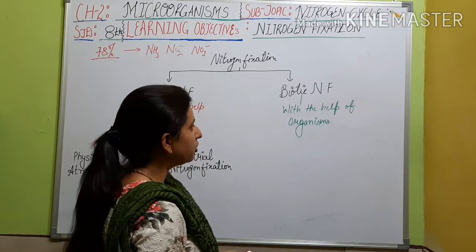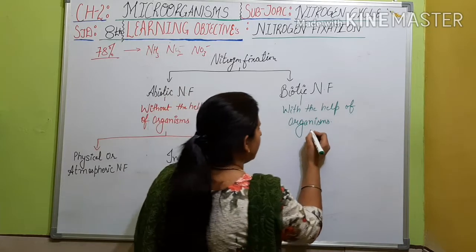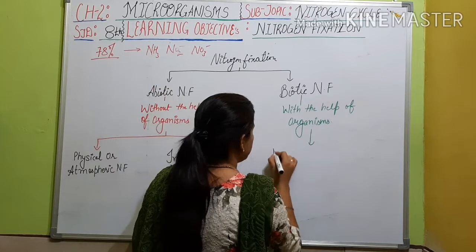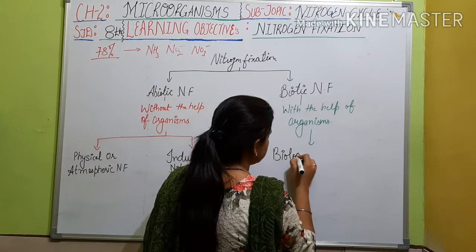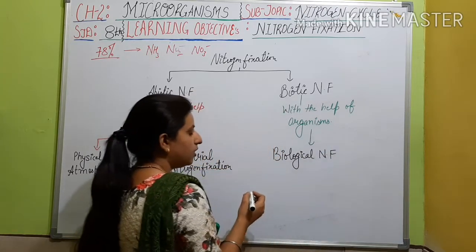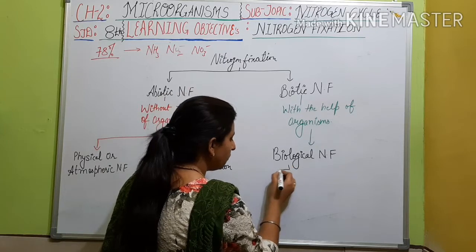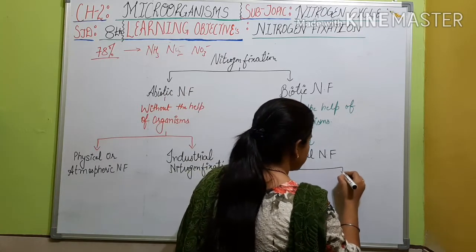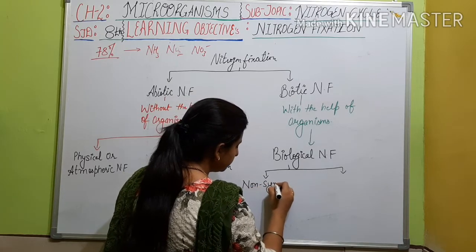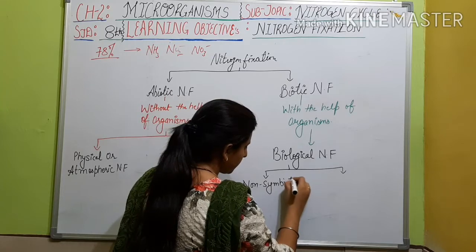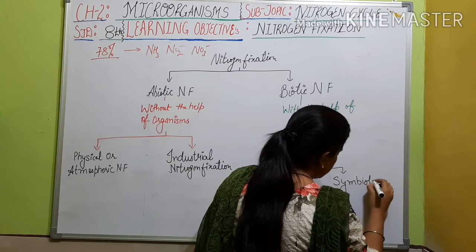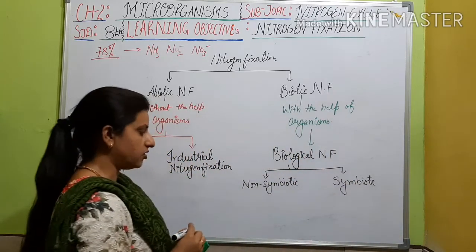Biotic nitrogen fixation is with the help of organisms. Under this we will learn about the third type, that is biological nitrogen fixation. In biological nitrogen fixation, again we are going to learn about two types, that is non-symbiotic nitrogen fixation and symbiotic nitrogen fixation.